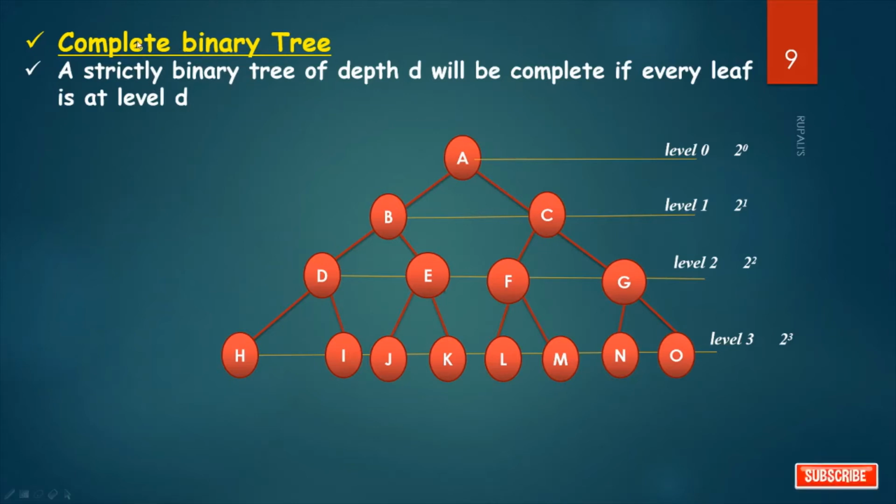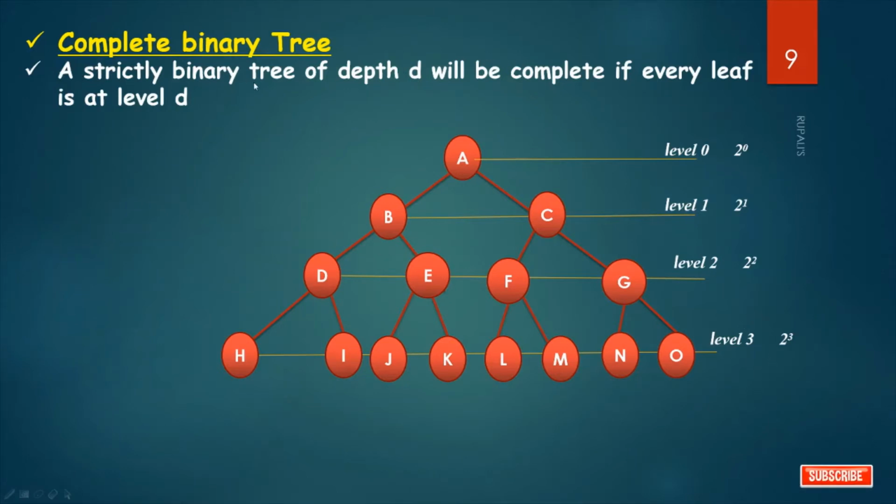So, in case of complete binary tree also, the degree of each node is either 0 or 2. Say the depth means what? Maximum level is called depth. So, here what is the maximum level? It is 3. So, depth or height is called the maximum level. So, here the value of D is 3.